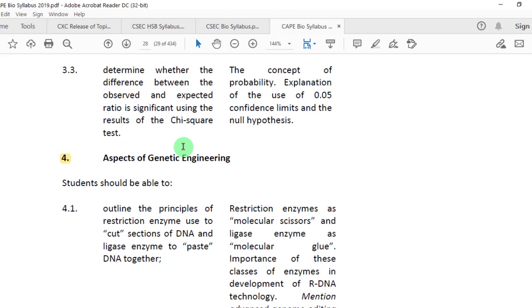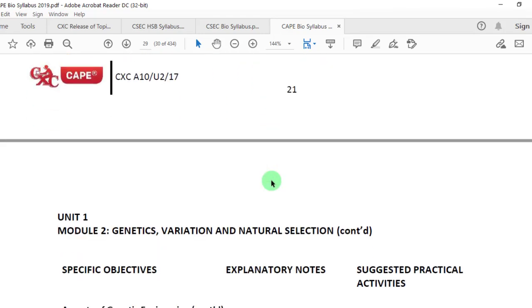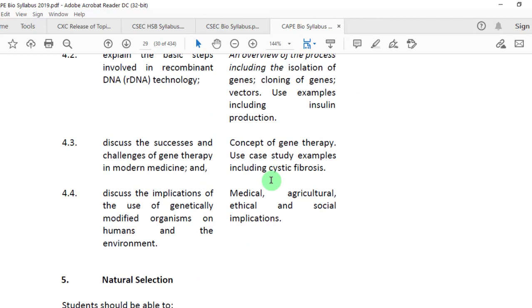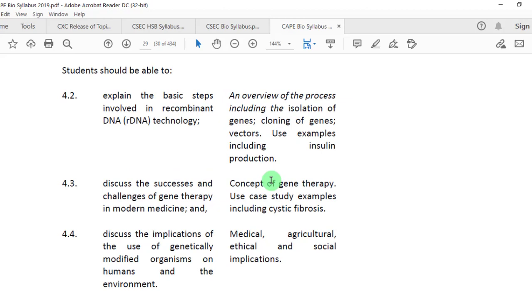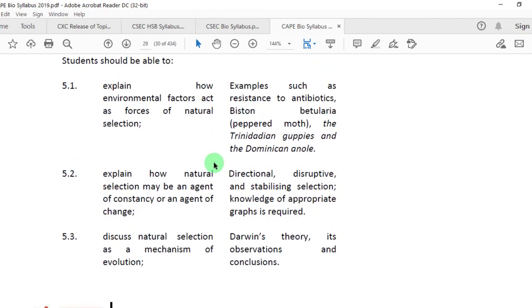So we avoided this part, but if they have this as an entire topic, spend some time really studying this area, because as I said before, it's only 4 objectives, but the details in each objective is a lot. Right, so you don't have to study that for paper 2.